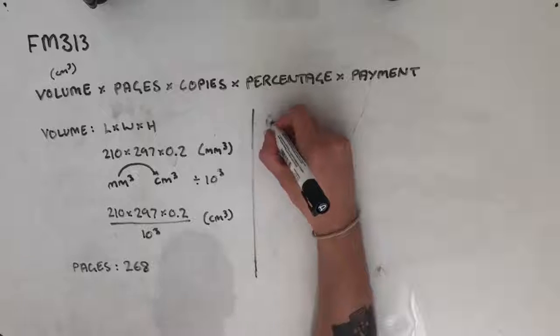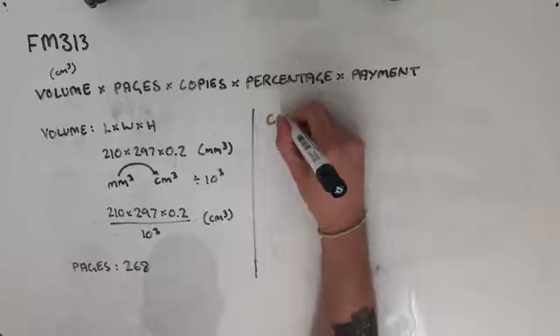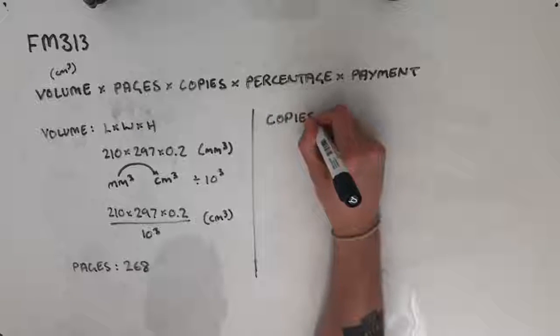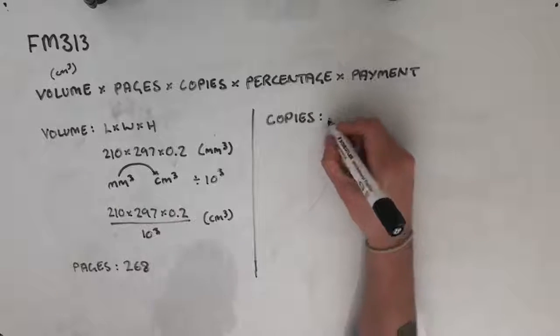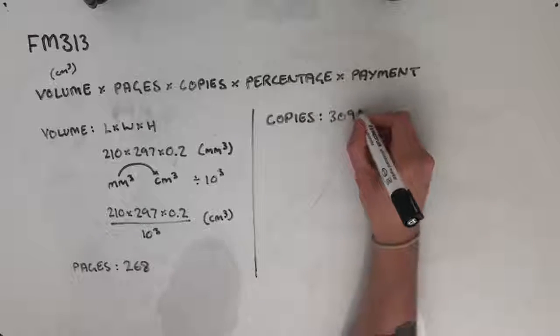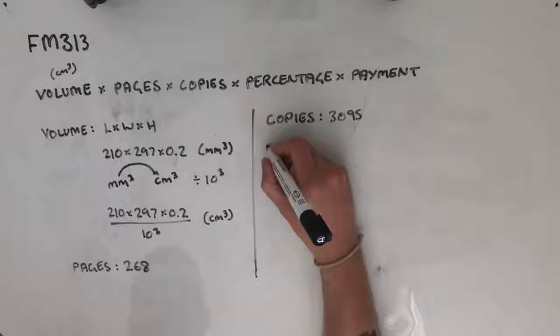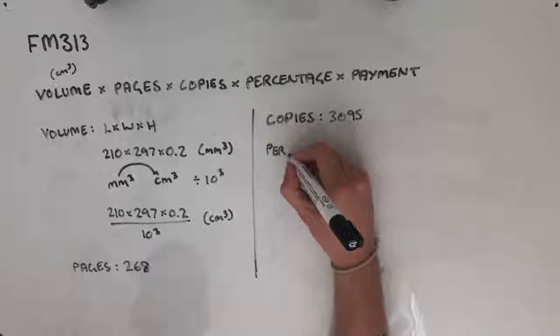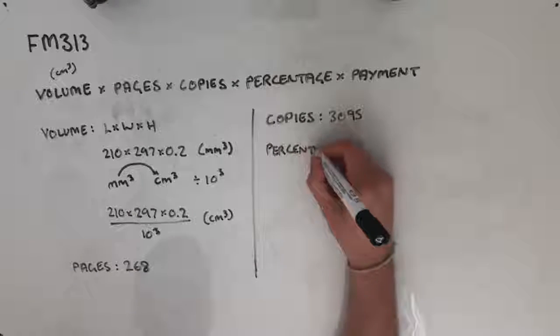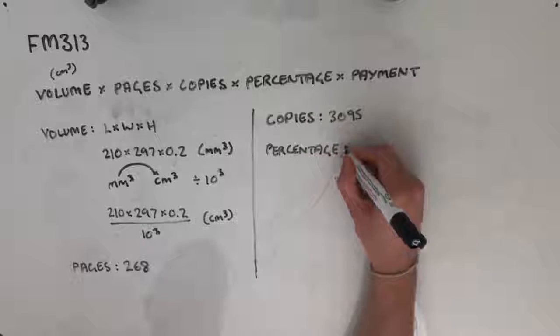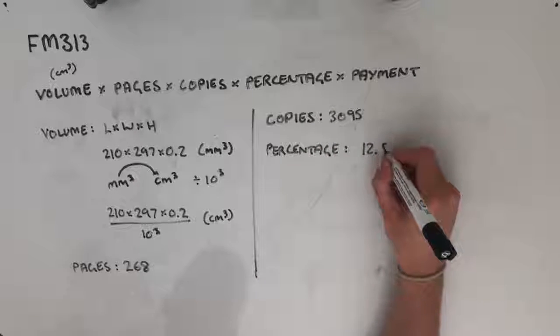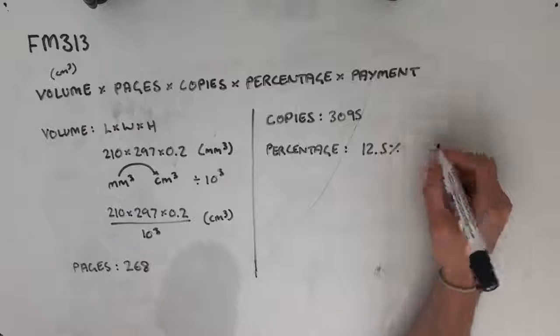Next thing for us to look at is the number of copies that have been sold. The number of copies we're told is 3,095. Next, the percentage that Matt contributed to. Now we're told that he contributes to 12.5%.